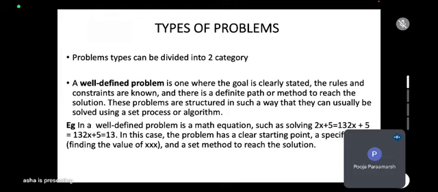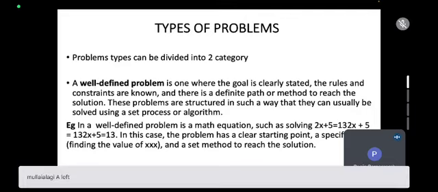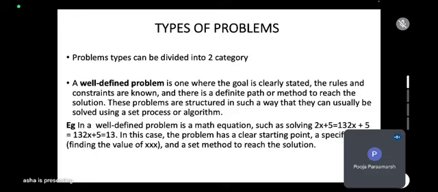The rules and constraints are known and there is a defined path. Our path is to study whatever material we have got and, with those resources, clear it. As I said, our methods and resources are with us. Well-defined means there will be a single problem. That is the main difference between well-defined and ill-defined. I'll come to that in the next slide, not now.